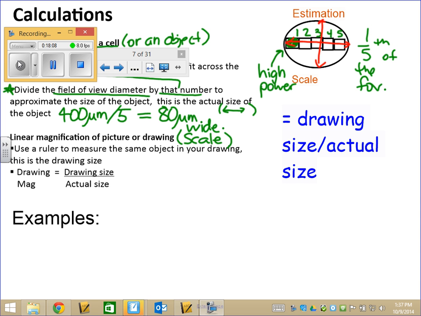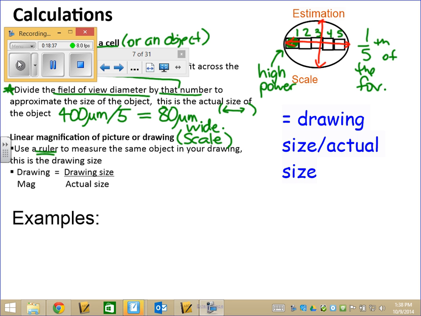So when you want to find the scale or the magnification of the picture or the drawing that you've made, you will use a ruler. So it would be very realistic, both in the lab and on a test or on a quiz, for me to ask you to actually measure a drawing and figure out its scale. So you would take your ruler, like I will do here, and measure the diameter of your field of view, or just measure one of the cells.